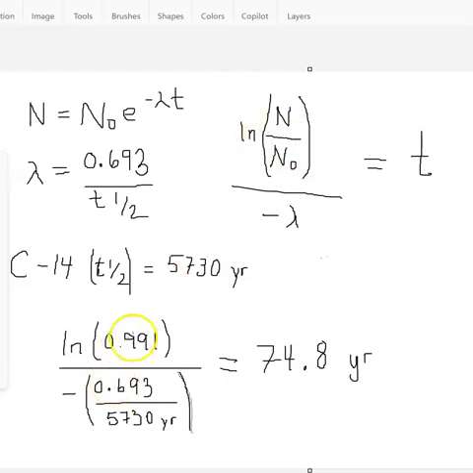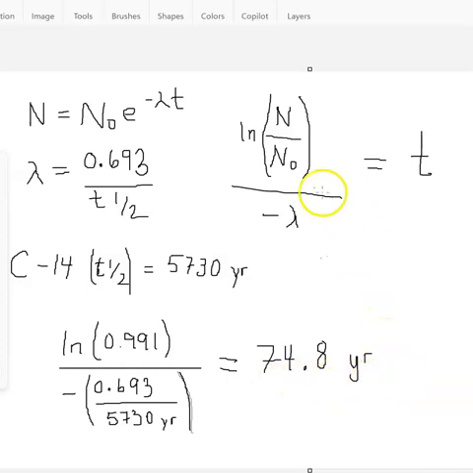And then as well as for the half-life value in our decay constant, I've plugged in the half-life of 5,730 years for carbon-14 down here. And plugging this all into a calculator, we were able to obtain a value of 74.8 years.